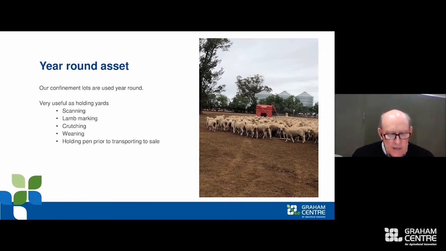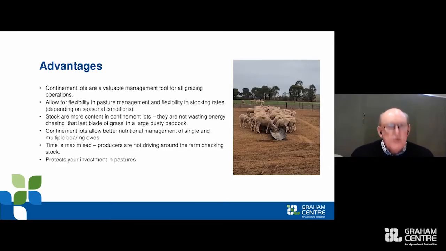A great asset. In summary, we have found the following benefits of confinement lots to our farm. Maintain ground cover, maintain and increase stocking rate, protect your investment in pastures. Pastures respond much better after the autumn break.